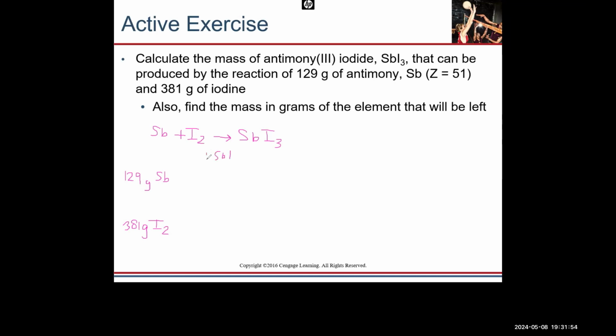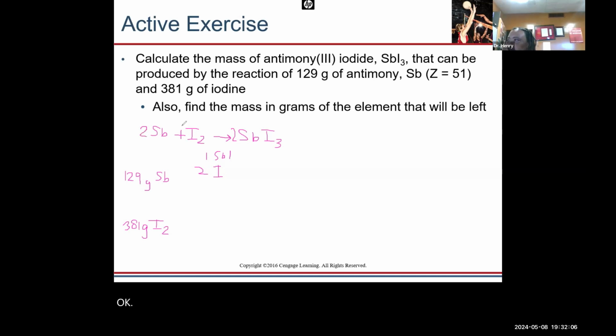So we could put a three on the I2 and two on the SbI3, and then put another two on the Sb to balance it. Okay. So now we have a balanced chemical equation.